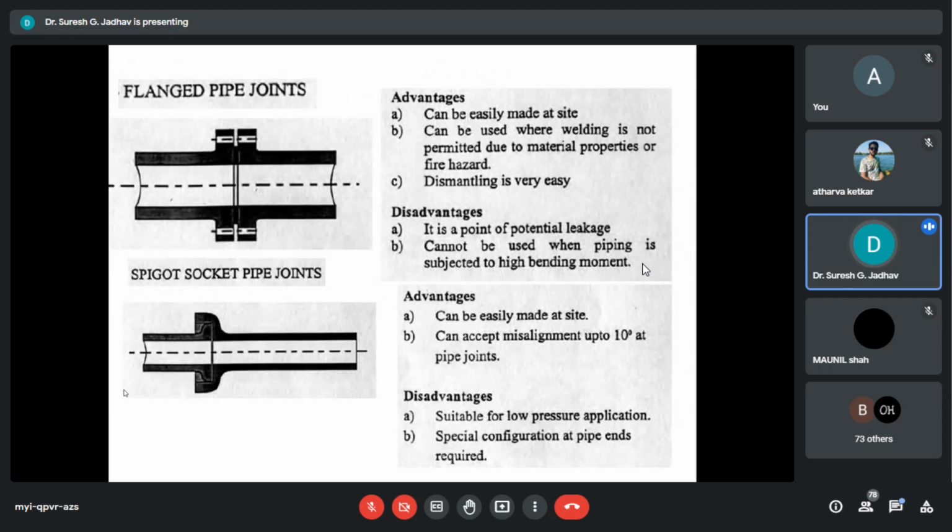Next is the flange pipe joint. With the help of two flanges and two pipes, we can easily connect them with bolts and nuts. Therefore, we can easily make this connection at the site, and this kind of pipe joint doesn't require any welding.